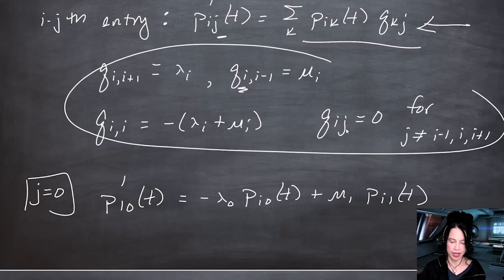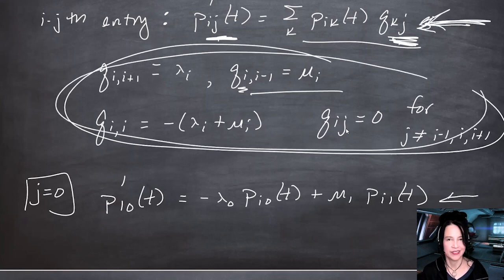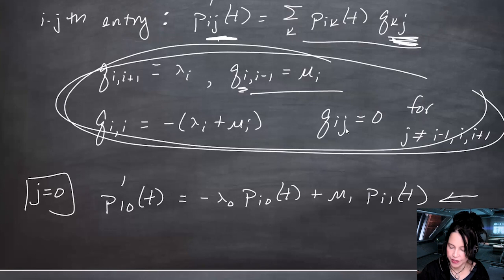So that is me plugging in 0 here, realizing there's only 2 rates that go to 0 because the death rate mu_0 is 0. So this is what you will get from this equation if you plug this in when k is 0. Does that make sense? Even if you couldn't follow that, you understand what I'm doing. I'm just evaluating this expression.